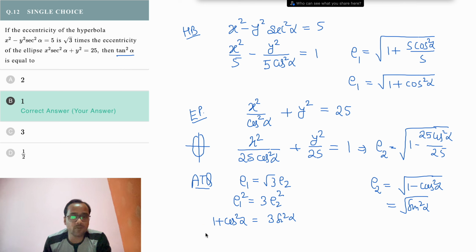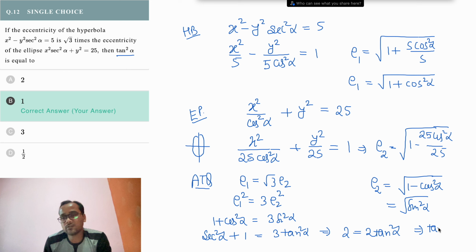That gives 1 upon cos square, that is sec square alpha, plus 1 is equal to 3 tan square alpha. Sec square alpha can be written as 1 plus tan square alpha, so 2 is equal to 2 tan square alpha. So tan square alpha is equal to 1. The answer for this question is option B, 1.